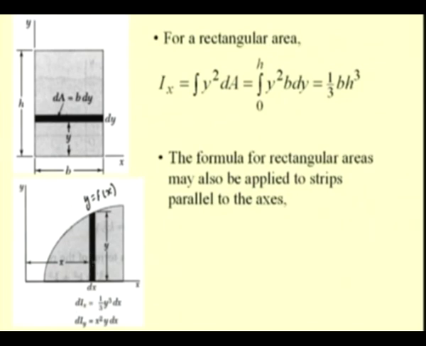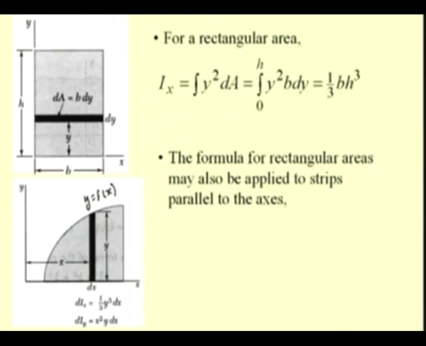The second moment of this strip with respect to the x axis is 1/3 width of this strip, which is B, which is nothing but dx in this case, times height cube, in this case height is y.